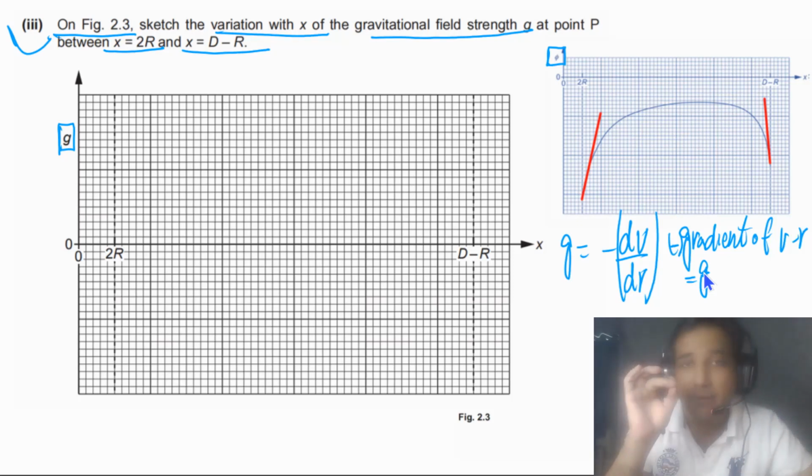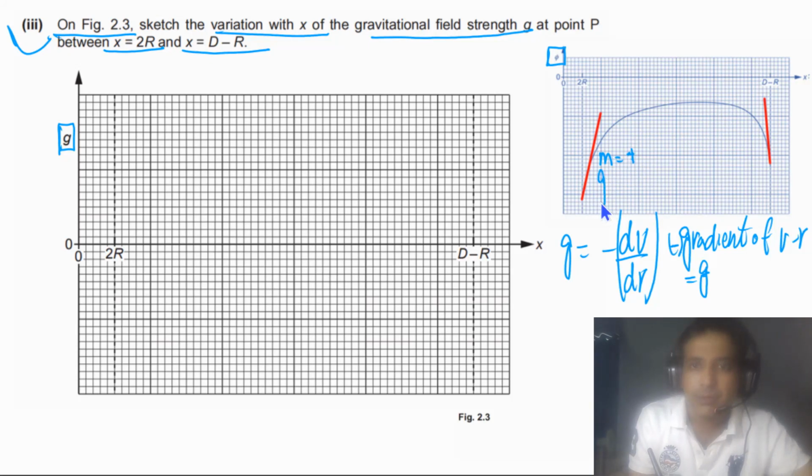So we simply have to look at the gradient of the potential against distance graph. If you look at this gradient, this one is positive. So the gradient is positive, and for the gradient I will be using the letter small m. Gradient is positive, so G has to be negative.